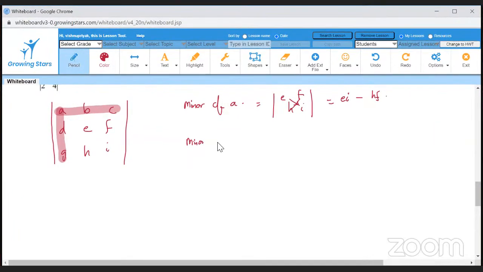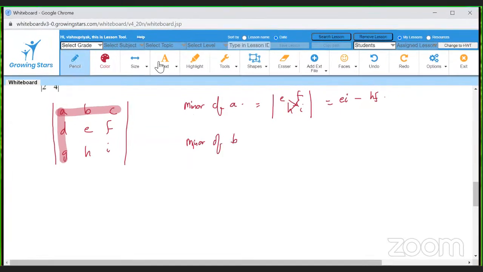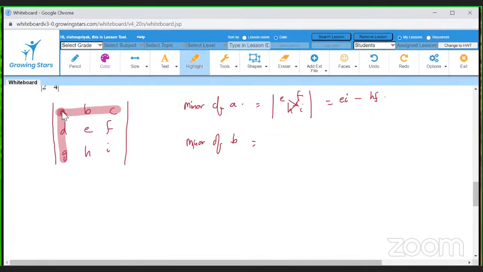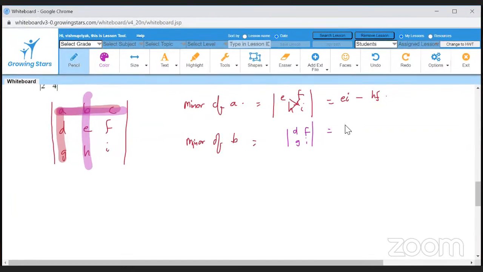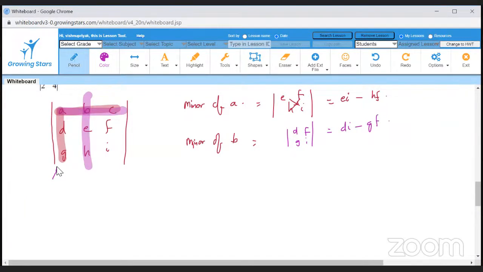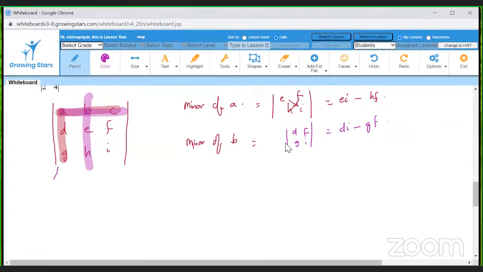Similarly, if you want to find the minor of B, how will you find it? You will remove the B row and B column. What is left? D, F, G, I. That is D I minus G F. Any element you can find.